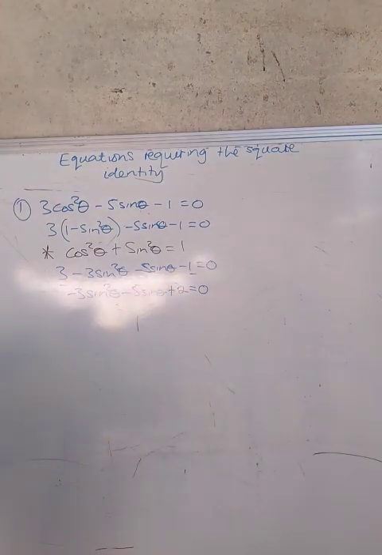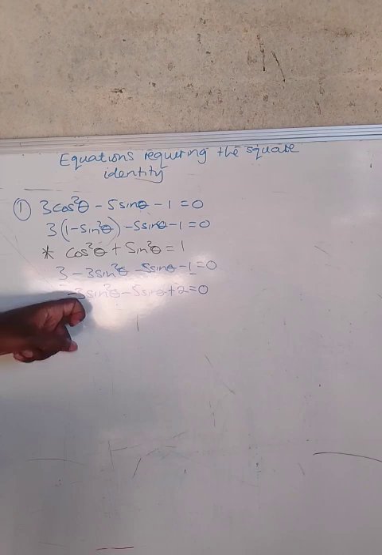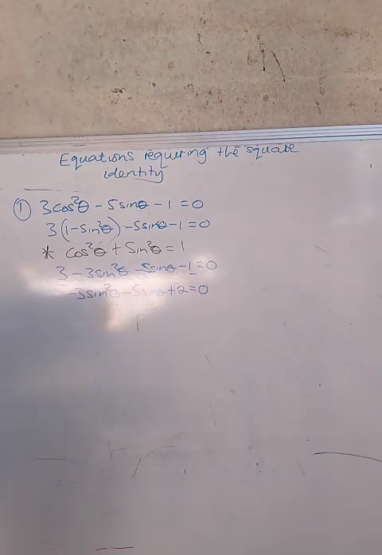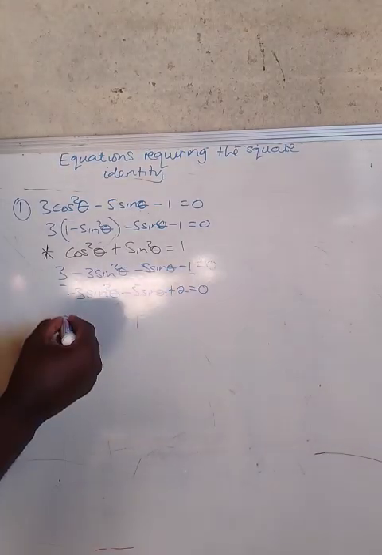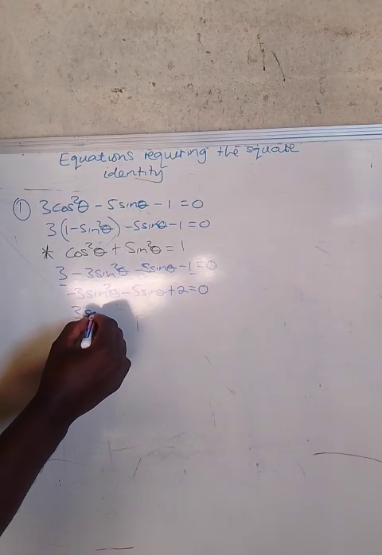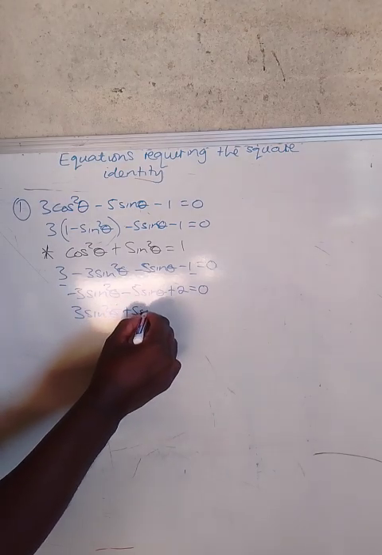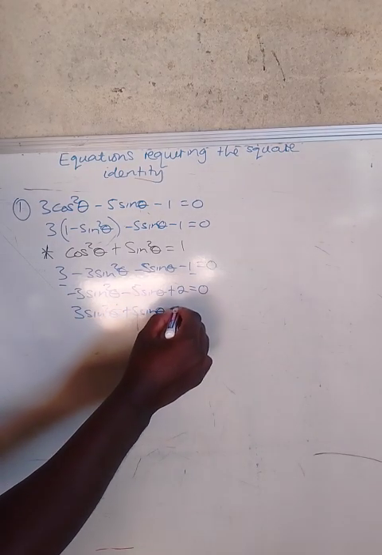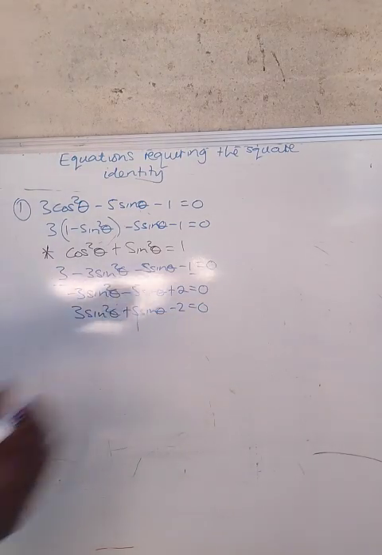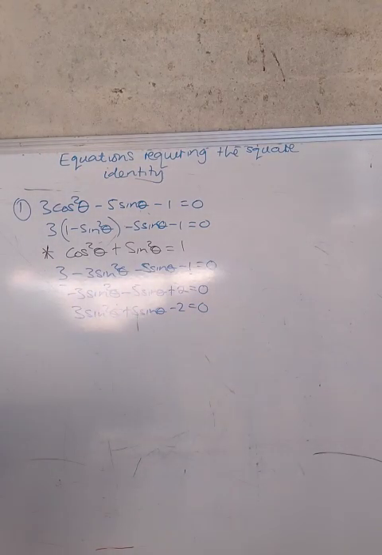I usually prefer the first term to be positive, so let's change all the signs here. We are going to have 3 sine squared theta plus 5 sine theta minus 2 is equal to 0. So now it's easy to solve our equation.